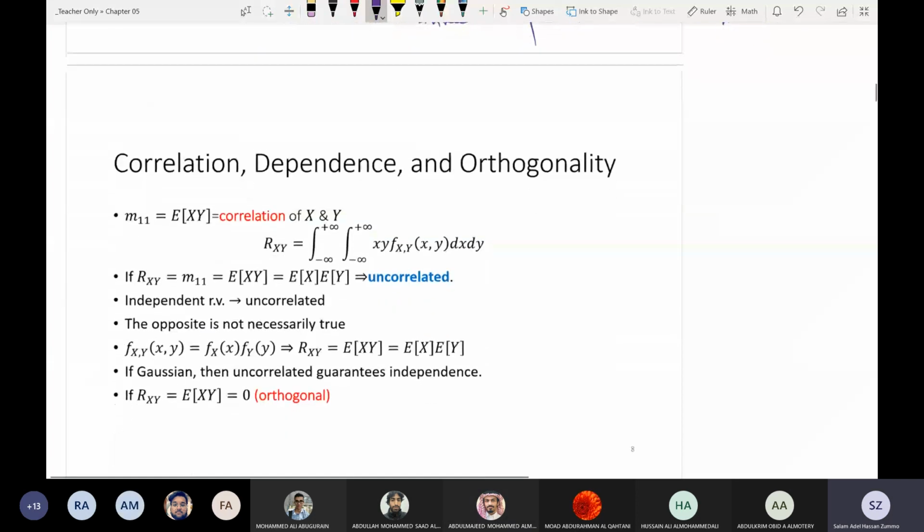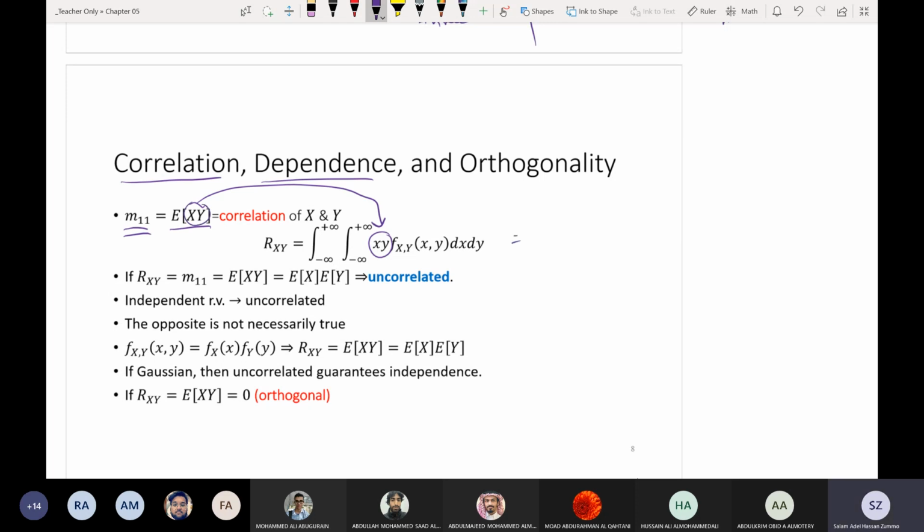Now we define a very special joint moment, correlation, which explains the dependence between two random variables. That is M11. This is the expected value of x multiplied by y, which is simply whatever inside, we take it next to the joint PDF.